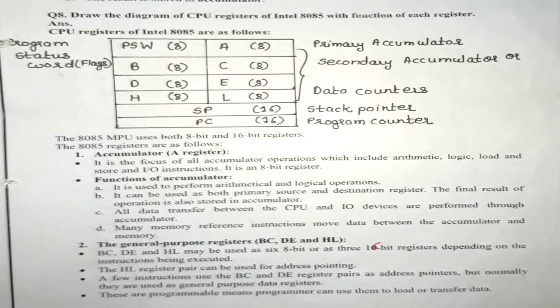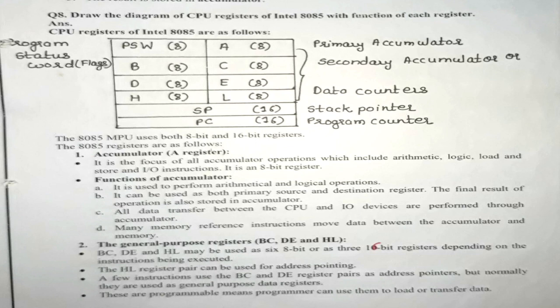If we consider a register singly, for example only the B register, then it is 8-bit, but when we use the B and C pair, it becomes a 16-bit register. Most of the time whenever we want to perform addition or subtraction of 16-bit numbers, we need to make use of a register pair.